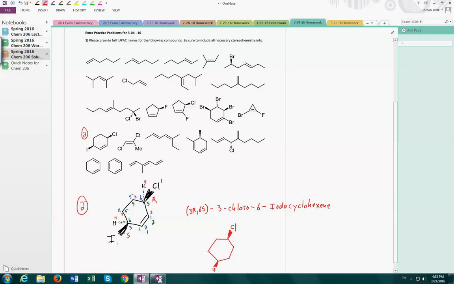The reason is these two positions are now not chiral centers. And if we can't give R/S to them, we can still say that it's on the same side as the chlorine. By removing the double bond, we've given a ton of symmetry, which has eliminated the chiral centers, and so we can say cis or trans there.